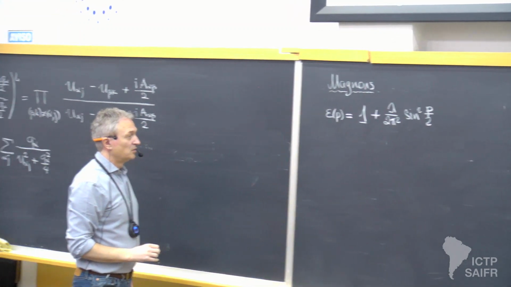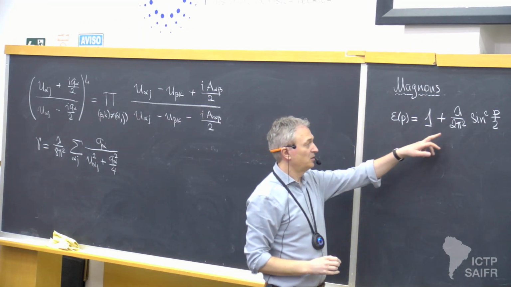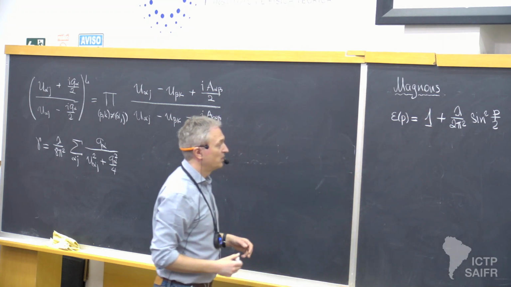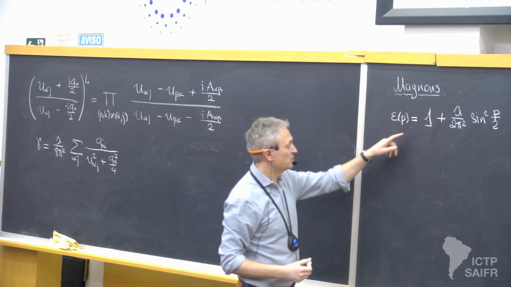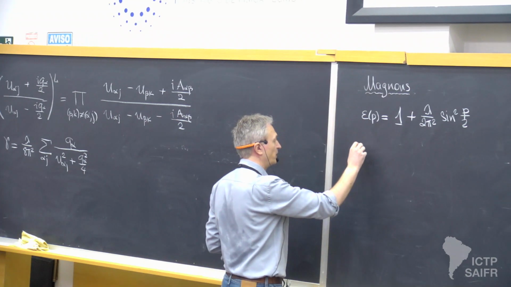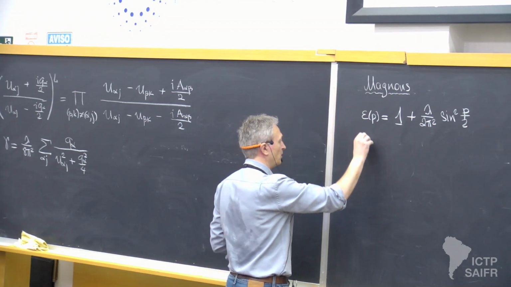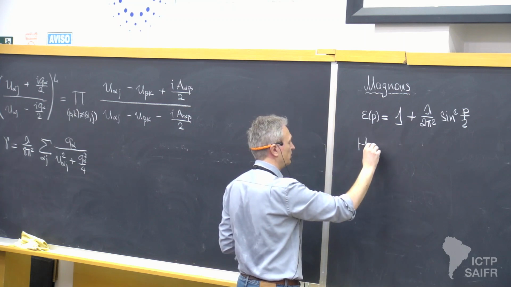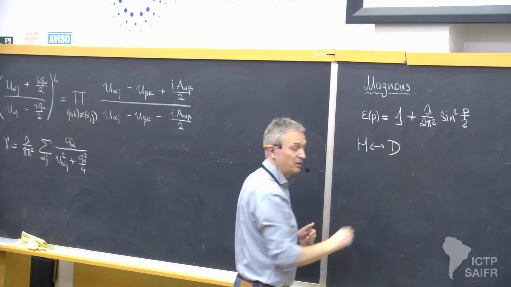When we derived it, we didn't have this one here. But the reason I write it in this way is because I want to go from the Hamiltonian, which is associated with the dilatation generator. Right?